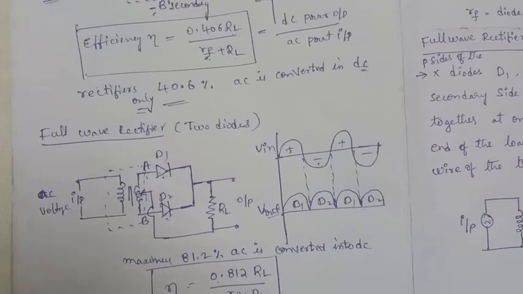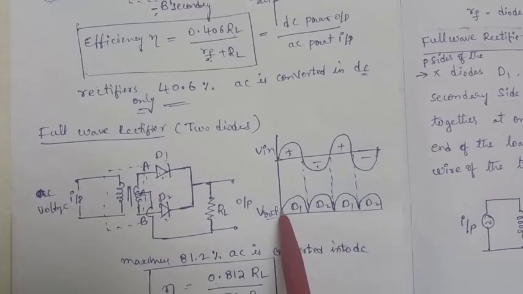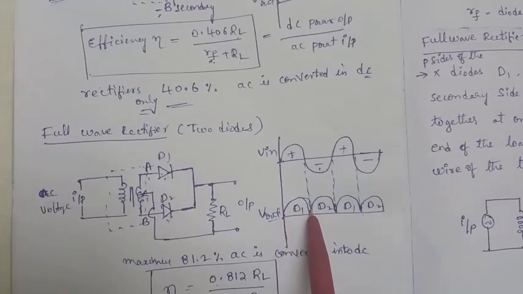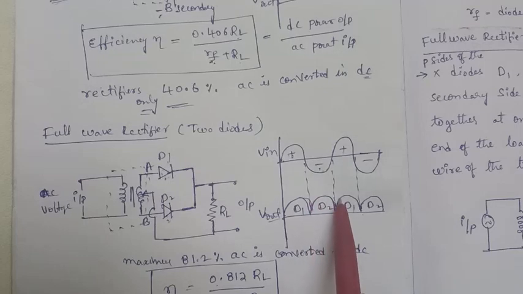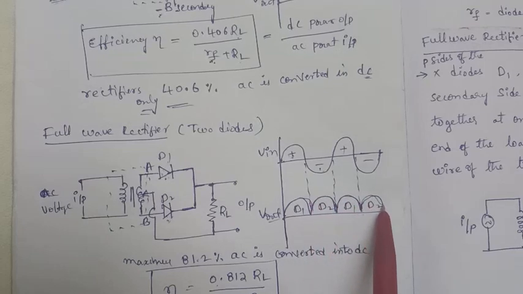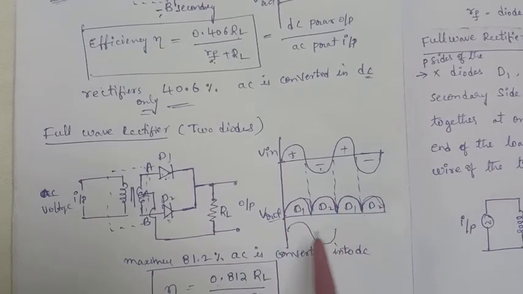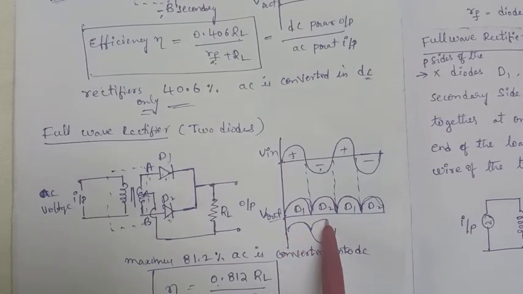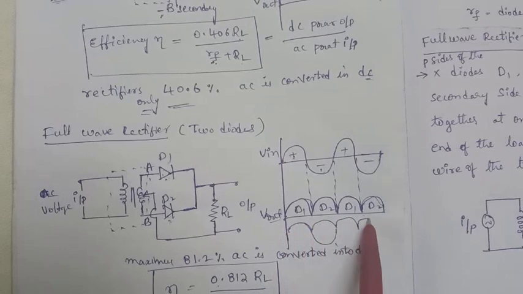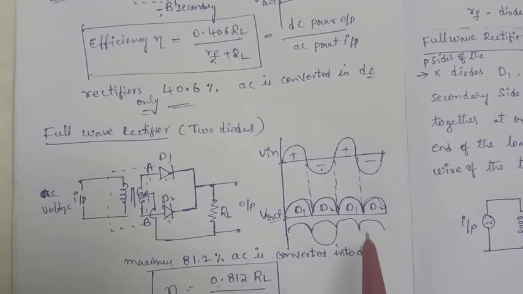But you have to observe that the output here is in the form of half sinusoids. It is not a complete sinusoid. So it is not a steady current.